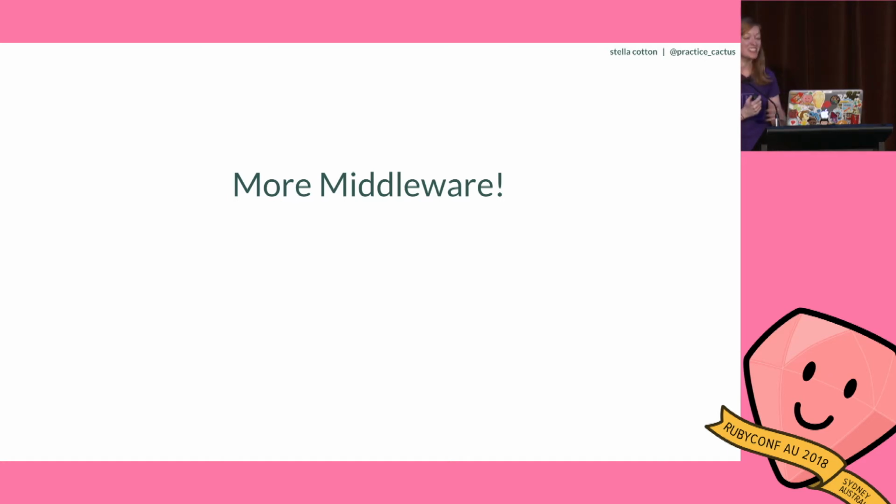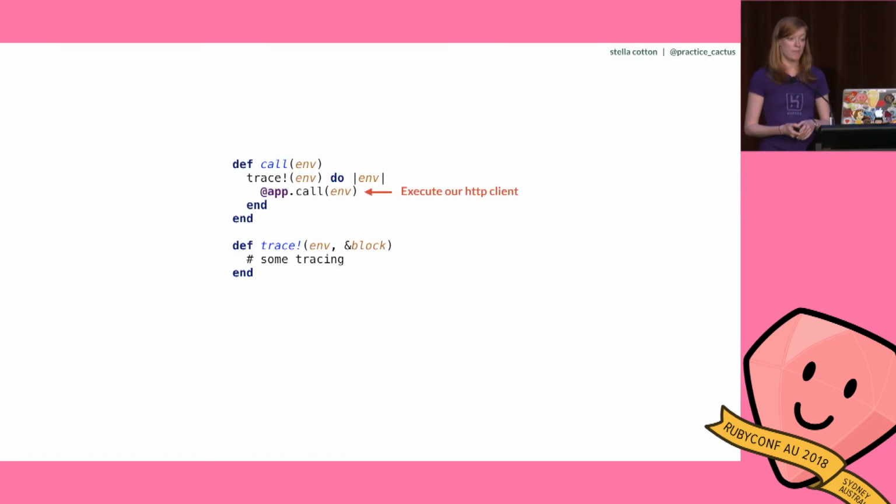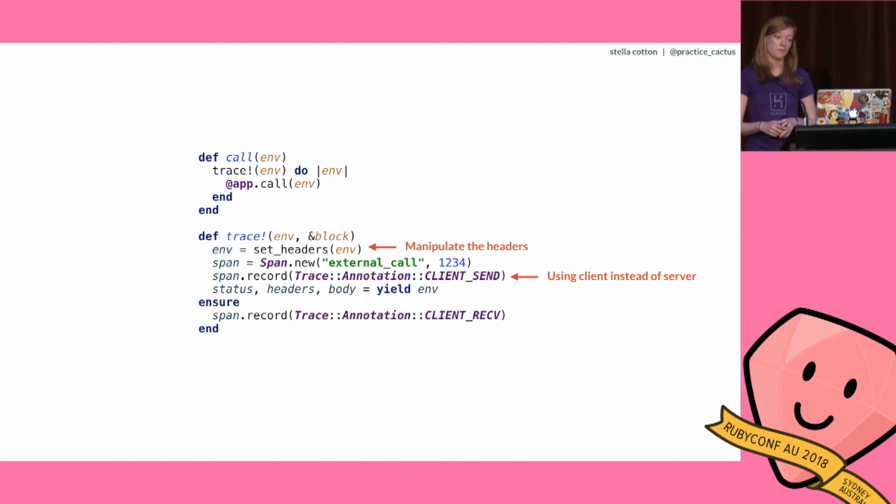So if you're using an HTTP client that supports middleware, it's pretty easy to incorporate it into your application. So I'm going to use Faraday as an example because it's pretty similar to the structure of a rack middleware. So it looks pretty familiar. You're going to pass in our HTTP client app, do some tracing, whatever that is, and then keep calling down the chain on our middleware.